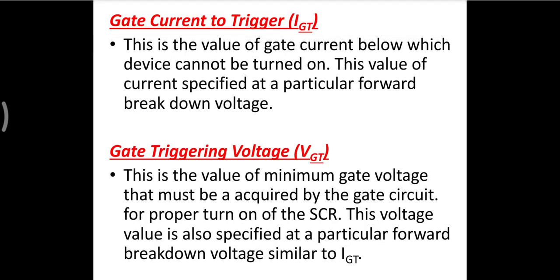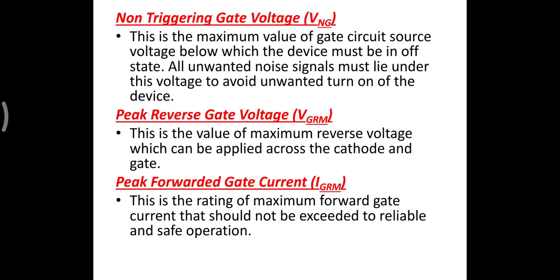Generally, unwanted signals or any disturbance must be present in the non-triggering gate voltage range only. If any unwanted signal is more than the non-triggering gate voltage, the SCR may operate with malfunction. Malfunction may occur during the working of the SCR, so we have to remember this also.